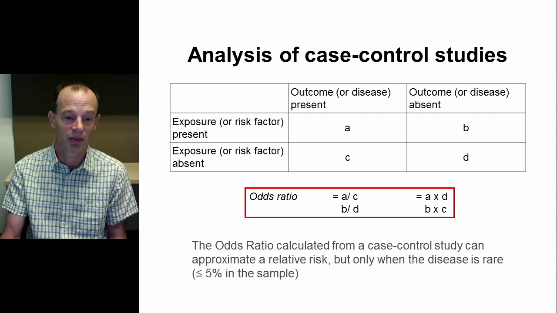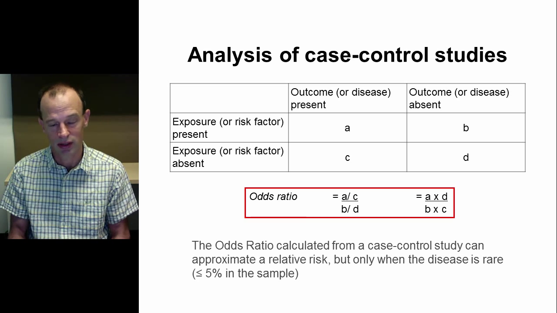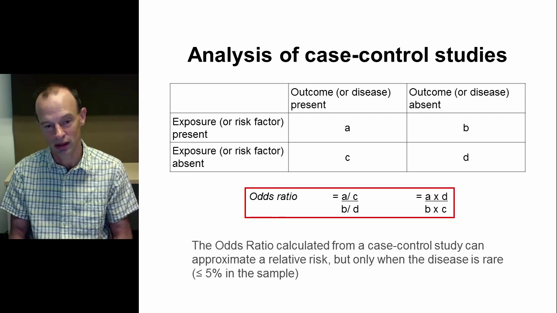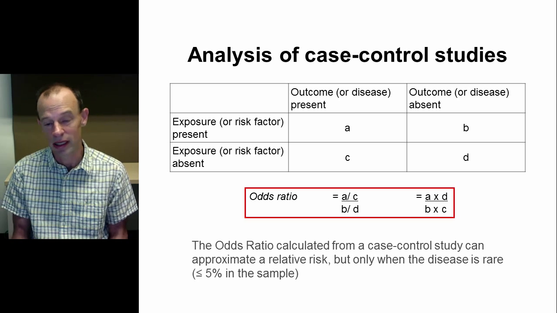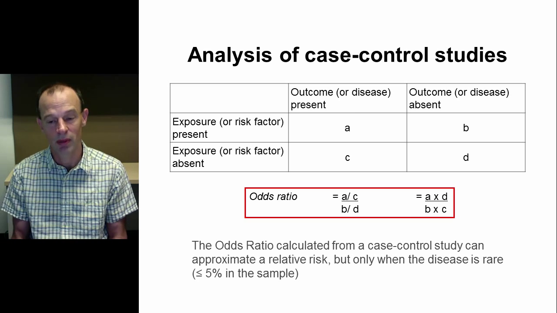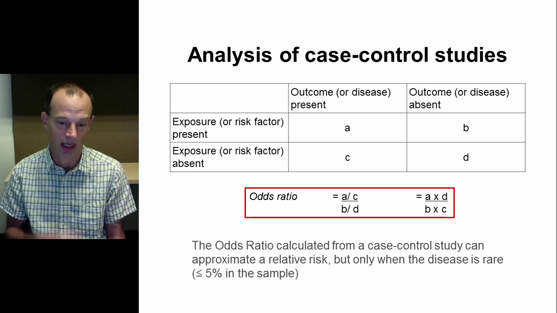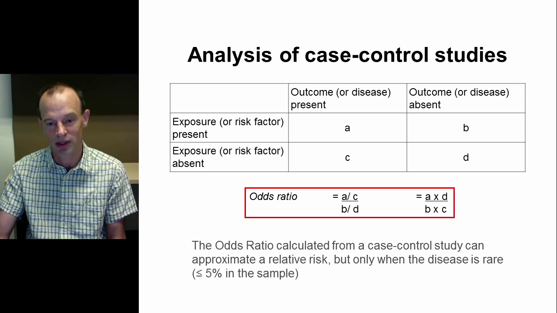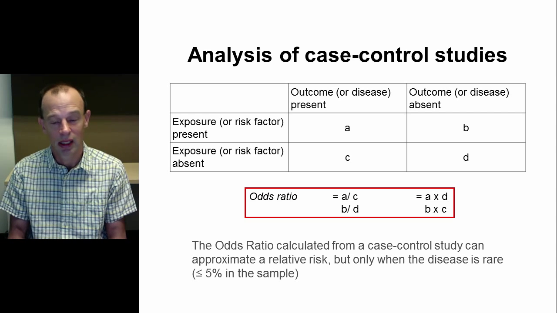Which I should mention is not usually the case, because in a case control study, you're actually selecting people on the basis of the disease, and you usually take either an equal number of cases and controls, or you may take up to 4 controls per case, in which case the disease is usually about 20% of your study sample.